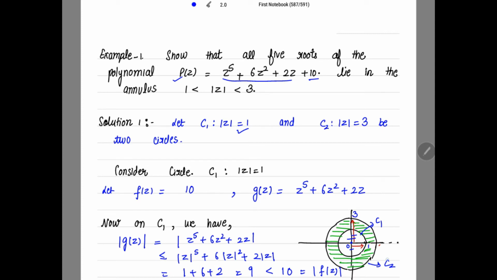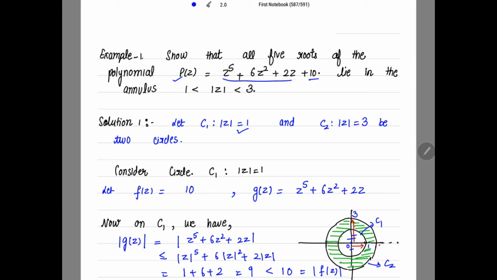Inside circle C2 means all this region, green colored region, right? But inside the circle C1, we are not having any zeros. That means all the zeros lie in this annulus, mod z greater than 1 and less than 3, the green colored portion. So the proof is done, right?